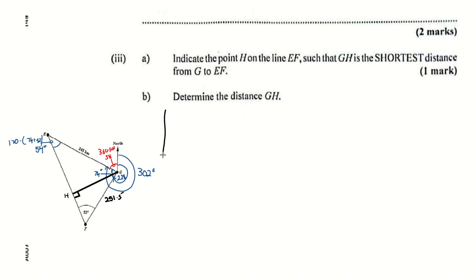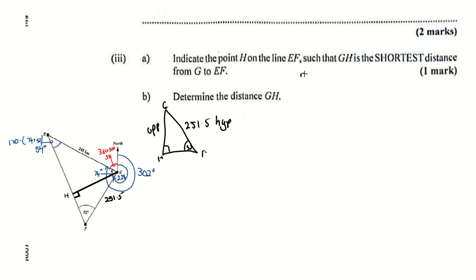So we have a triangle that looks like this, 251.5. That is opposite your 90 degrees, so this is definitely the hypotenuse. They have this angle here, which is 52, and this is G, this is H, this is F. You want to find the side that is opposite 52, so this here is the opposite.